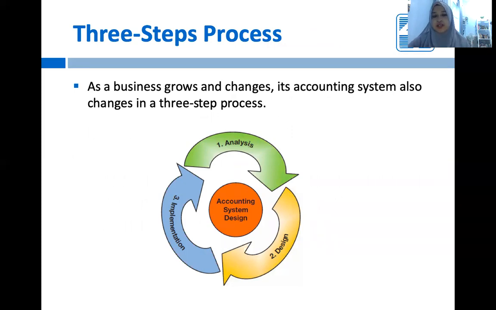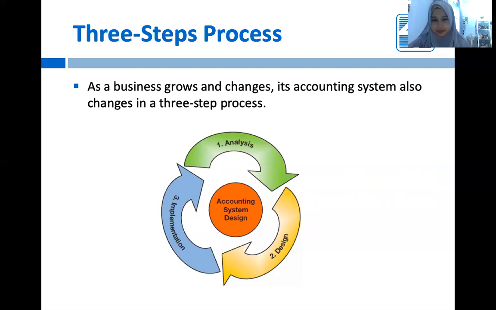So when an accounting system is designed, it starts from the analysis of the transactions, and then they design the accounting system which can accommodate the whole needs of the company's transactions, and then it goes to the implementation stage.